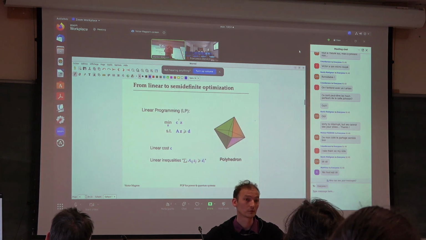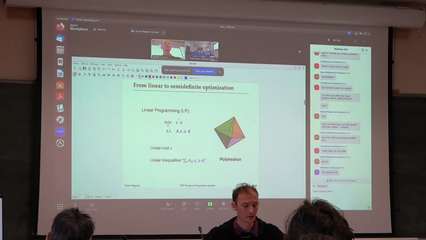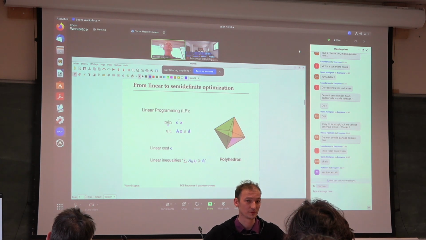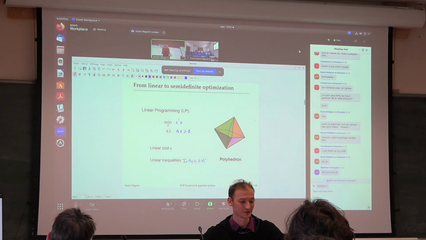Before talking concretely about polynomial optimization, I will spend a few minutes to talk about linear optimization and semi-definite optimization. Again, who never heard about linear programming? Ah, okay, so you already know this stuff. This is very basic.